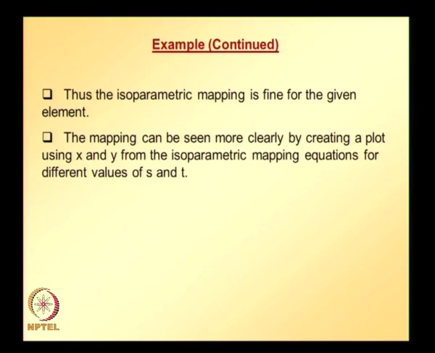The other way of checking mapping is that we already have x in terms of S and T, y in terms of S and T. This mapping can be seen more clearly by creating a plot using x, y from the isoparametric mapping equations for different values of S and T. We can plot this over the parent element domain, S going from minus 1 to 1, T going from minus 1 to 1, using some plotting software with a little bit of programming.